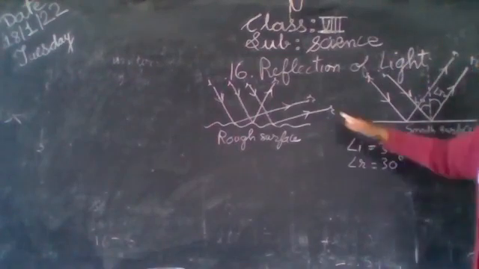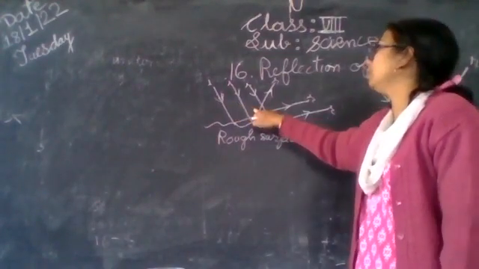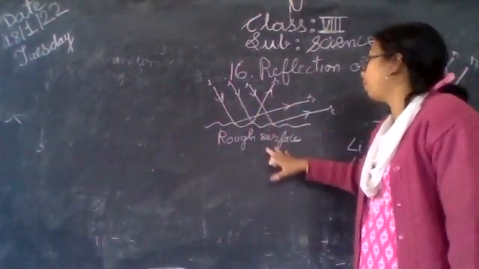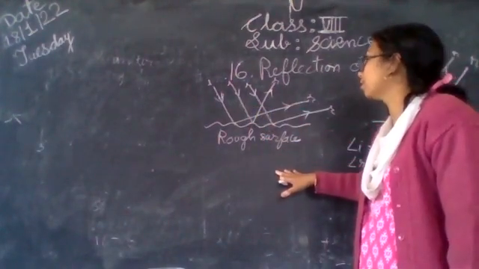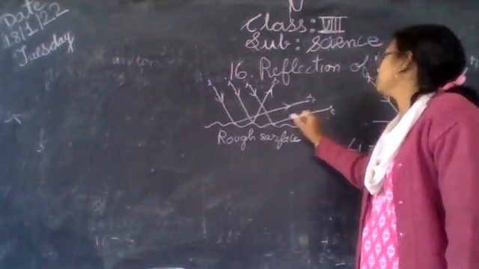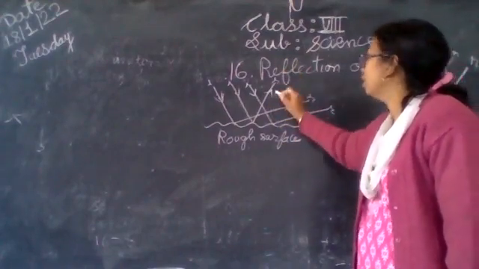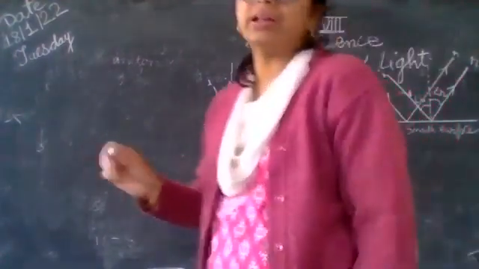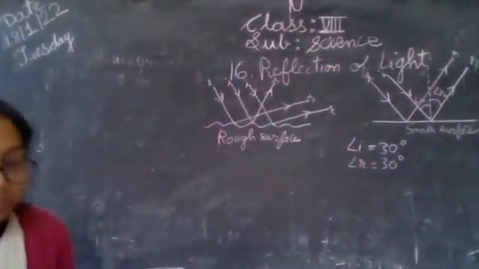Can you see? But here, when the 3 incident rays were parallel and they fell on the rough surface, they got scattered in varied directions. They were not parallel to each other.